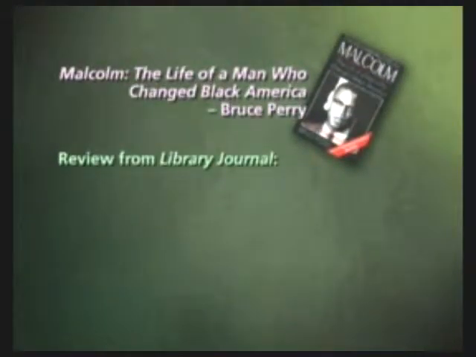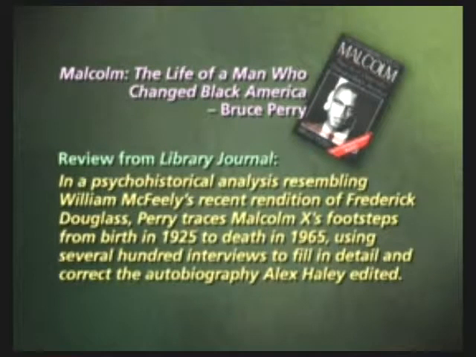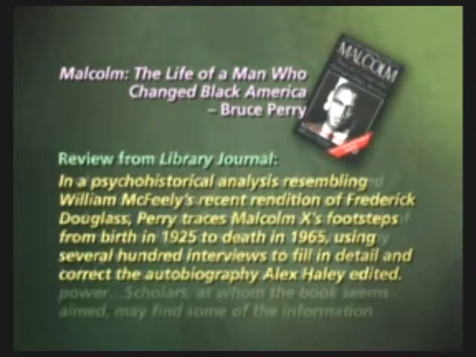In Library Journal, we see the following sentences from the review of this same book. In a psychohistorical analysis resembling William McFeely's recent rendition of Frederick Douglass, Perry traces Malcolm X's footsteps from birth in 1925 to death in 1965, using several hundred interviews to fill in detail and correct the autobiography Alex Haley edited.